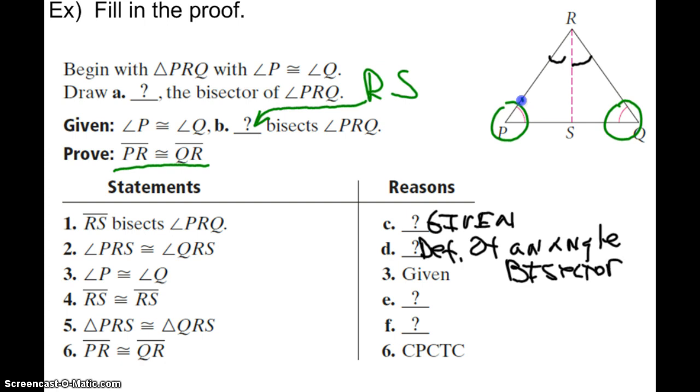We know that's what it does to the vertex angle. Angle P is congruent to angle Q. That was given. RS is equal to RS. There again, when that shared side is congruent, that's called the reflexive property.